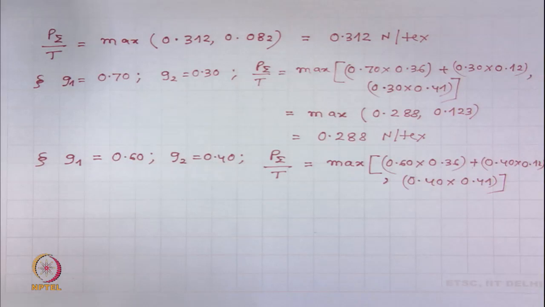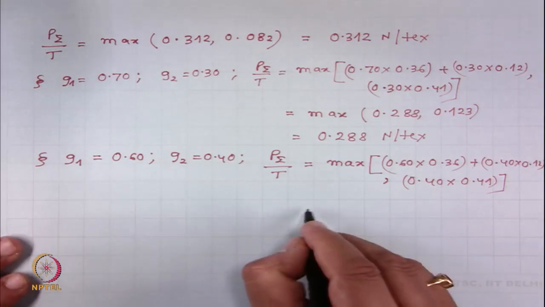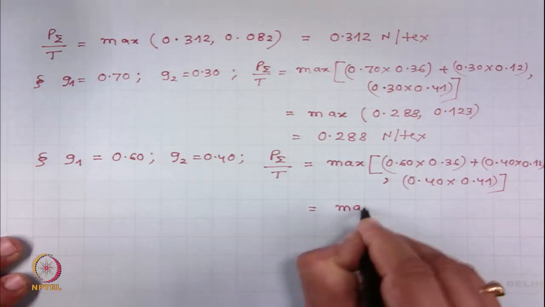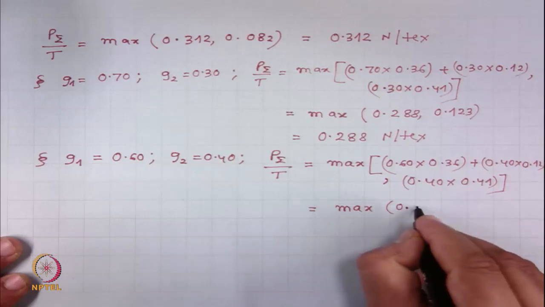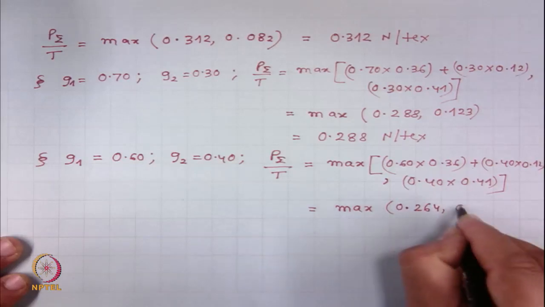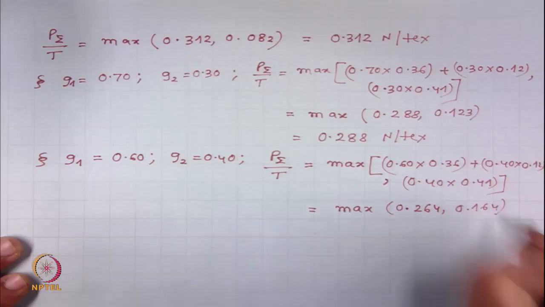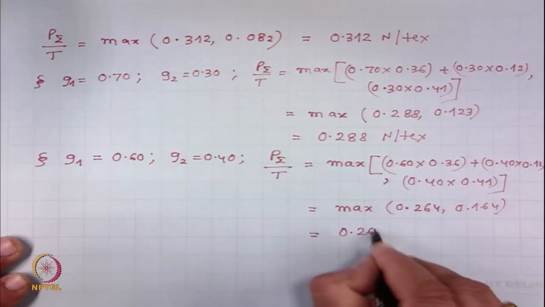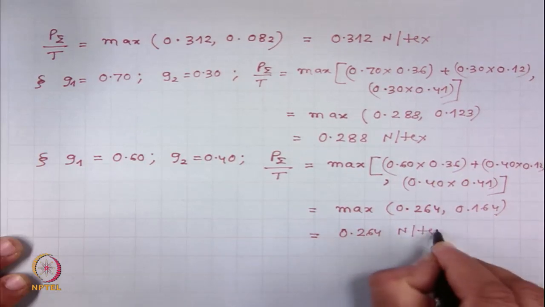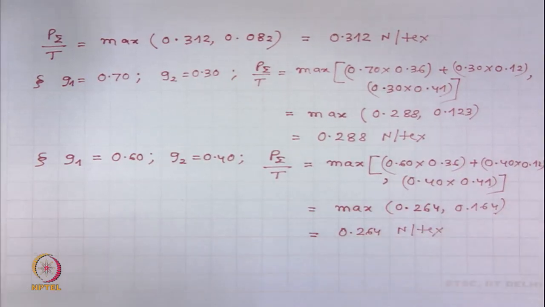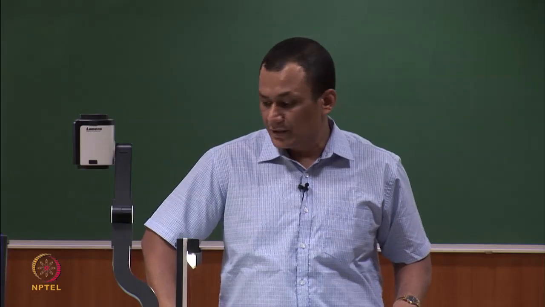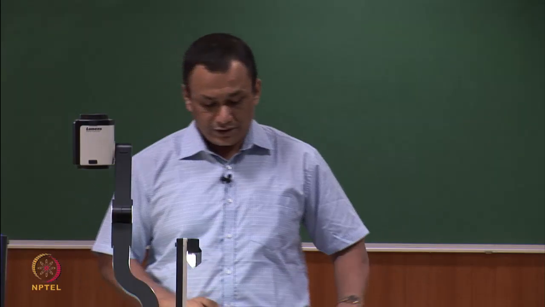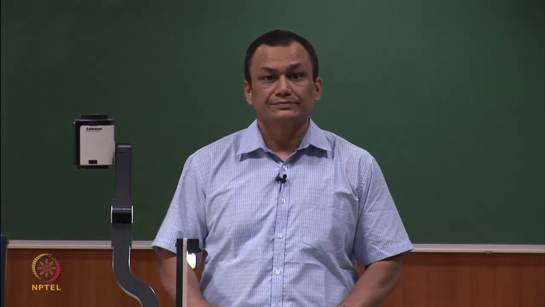So, what will be these two values? These two values will be 0.264 and 0.164. What is the maximum in between these two? 0.264 Newton per tex. So, at the 60-40 blend ratio, the bundle tenacity will be 0.264 Newton per tex.